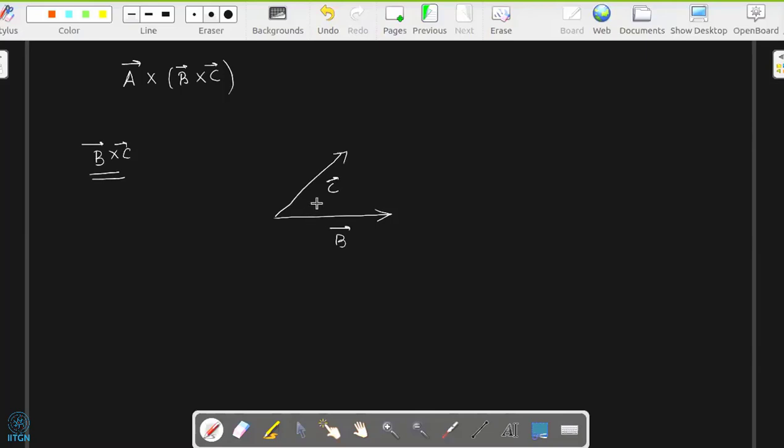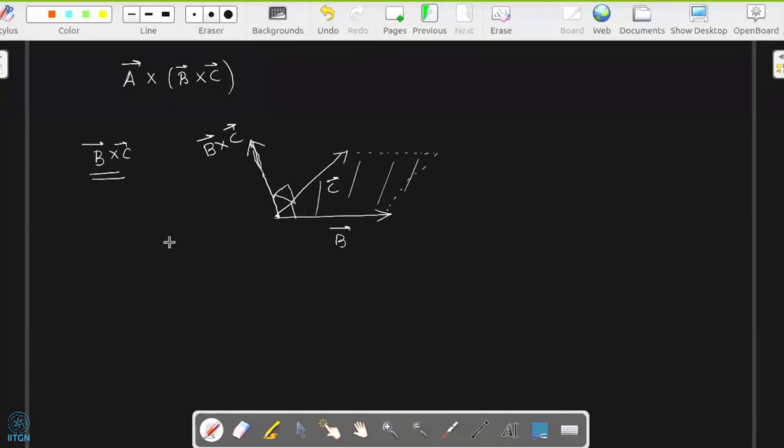When you rotate your right hand from vector B towards vector C, you get the perpendicular to the plane made by vectors B and C. If this is the plane, the perpendicular to it is B cross C, and it must be perpendicular to both vector C and vector B.